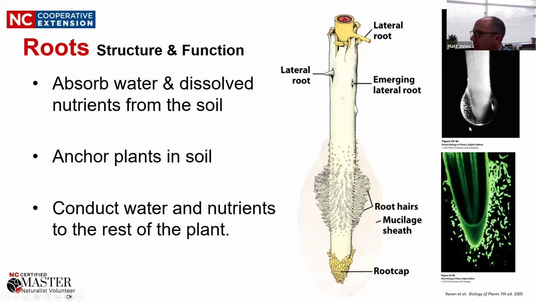In addition to that, they'll also produce a mucilage compound, and both of these effectively act to help lubricate the root tip through the soil medium. Root tips also have extensions on individual cells called root hairs, and these greatly increase the surface area of the root tip, so they can absorb a lot more water and nutrients than just a single cylinder of a root tip would.